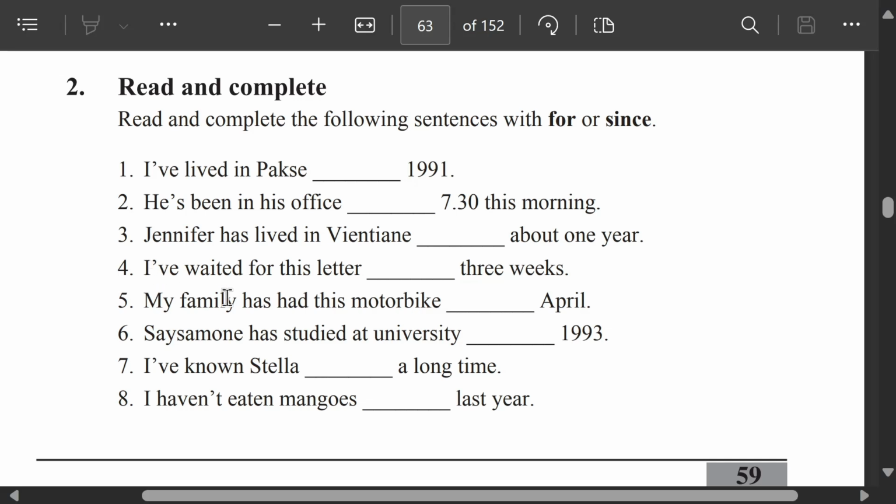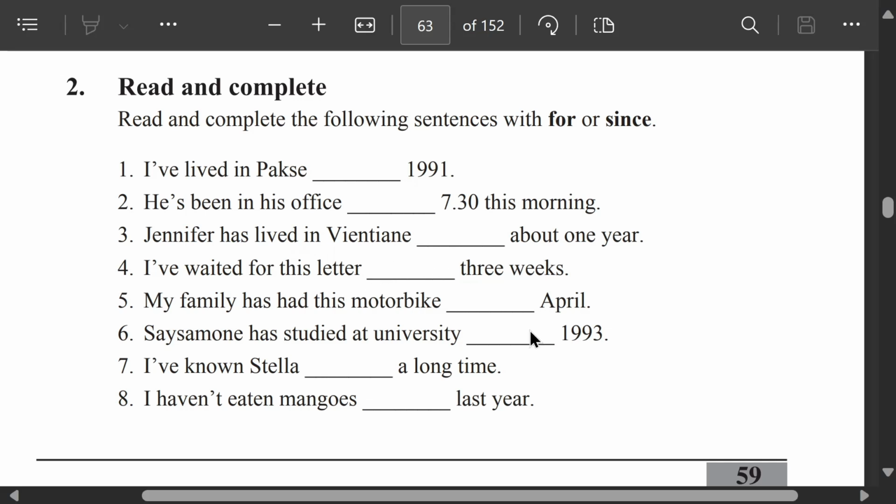Past is I waited, just directly without have. Then it's simple past. But this one is I have waited. This is present. Think about the have: have is in the present. So then you can easily remember present perfect. I have waited for this letter.